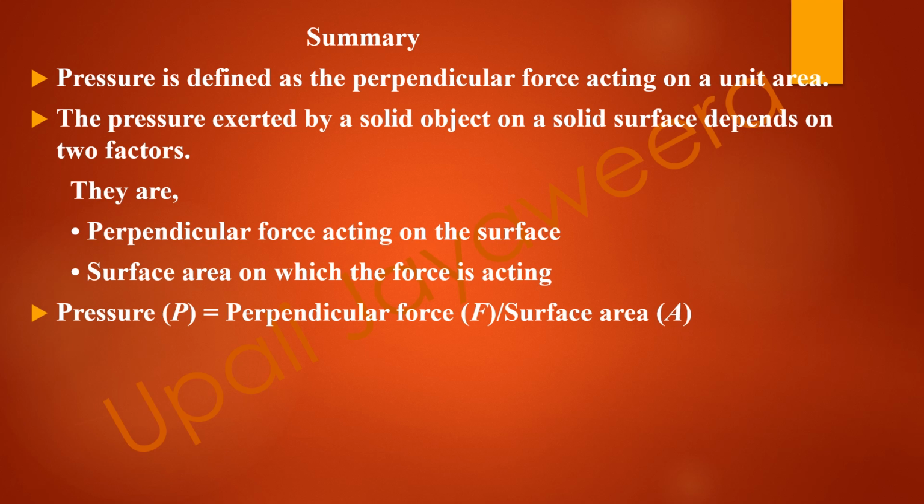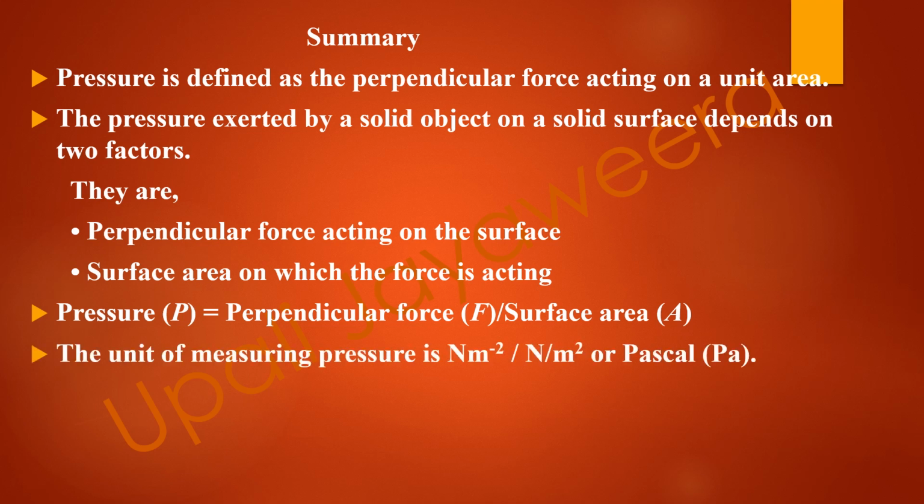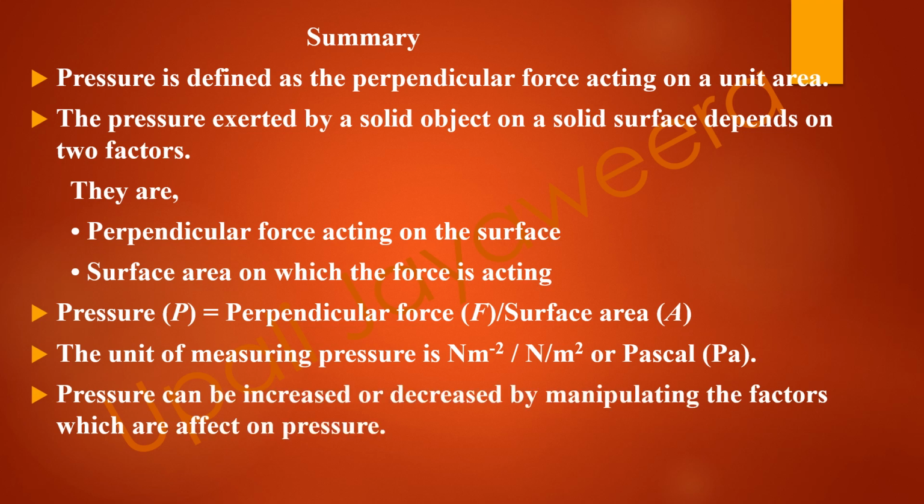Pressure equals perpendicular force divided by surface area. P equals F over A. The unit of measuring pressure is newtons per square meter or Pascal. Pressure can be increased or decreased by manipulating the factors which affect pressure.